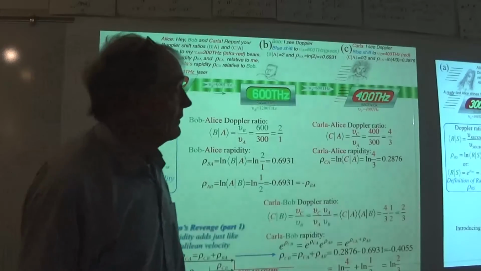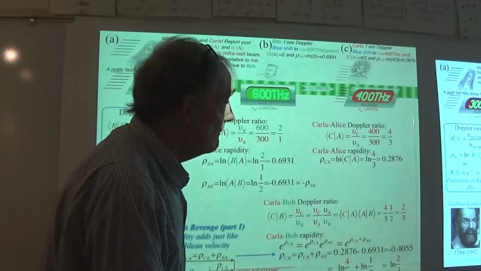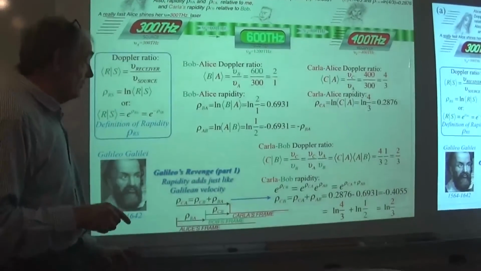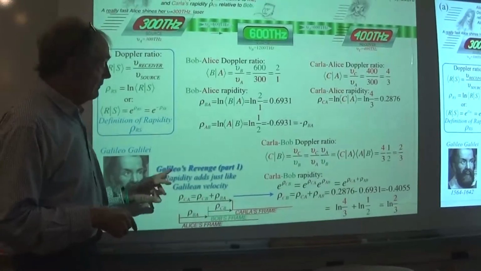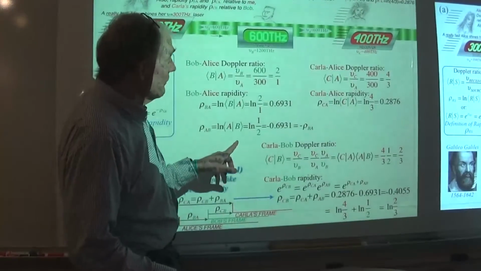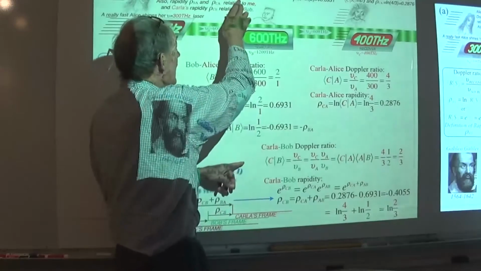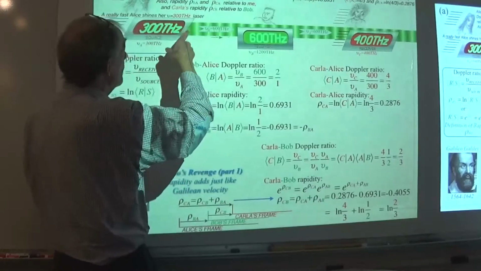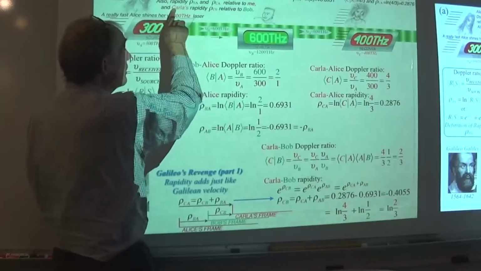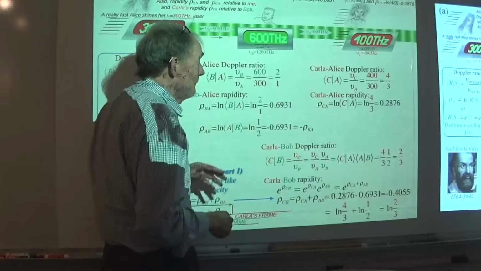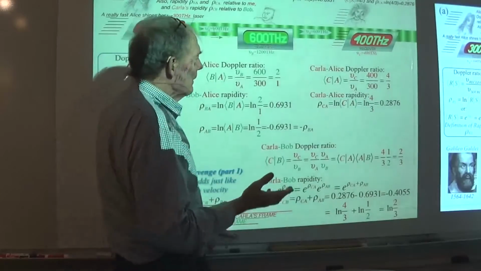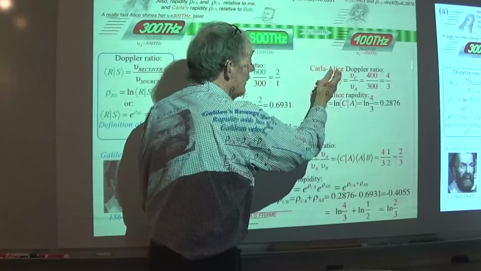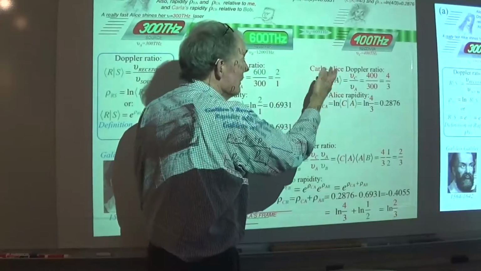So, let's take this ahead here a little bit and show Galileo's Revenge, this is part 1 of his revenge today: rapidity adds just like Galilean velocity. What we really are asking here is Carla's rapidity relative to Bob. How do you get that? Or in this case, I'm talking about the Alice-Carla Doppler ratio.